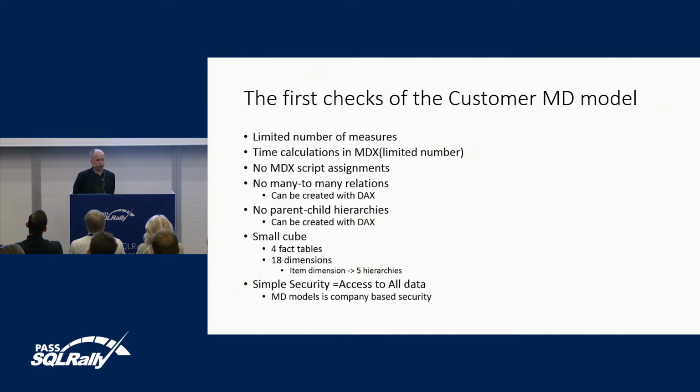It was a small cube with 4 fact tables, not much data, and 18 dimensions. And the security model was simple. This is a consolidated purchase cube, so they should be able to see everything. So security was not an issue here at all. So this was a go for moving everything over to Tabular.